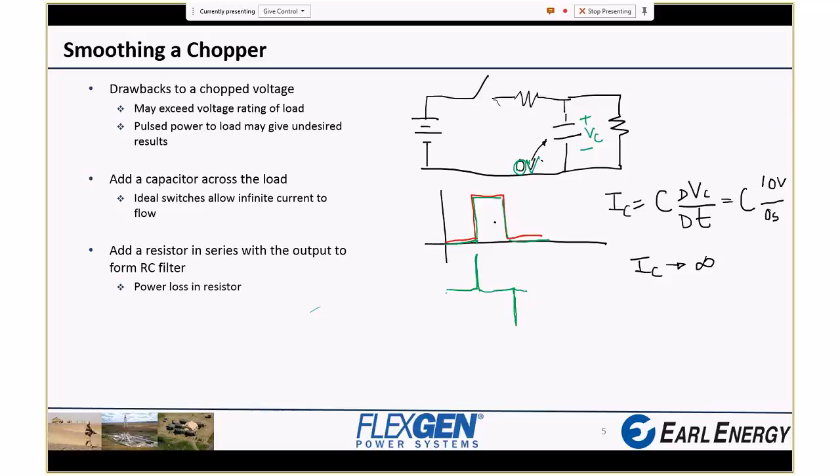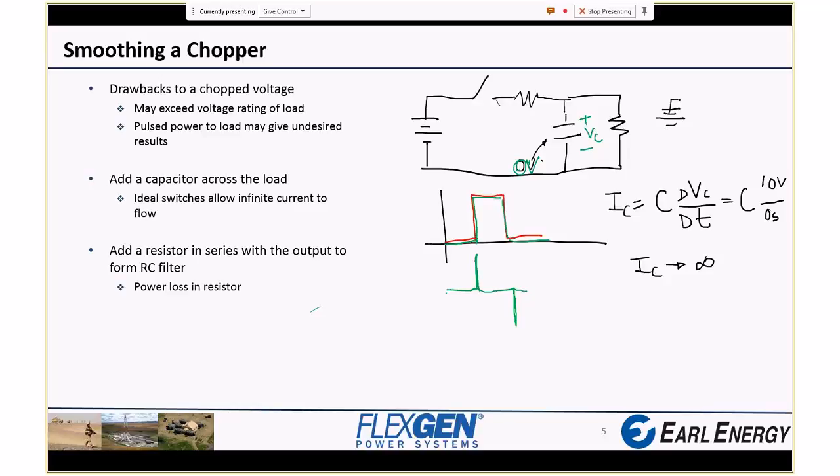Okay, so that helps. Just intuitively, we kind of know that can help. I don't know that I should go through and draw all the waveforms right here. But what we've done is reform the RC filter that we discussed in the last session.